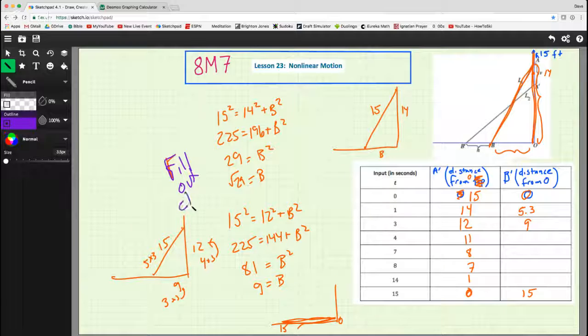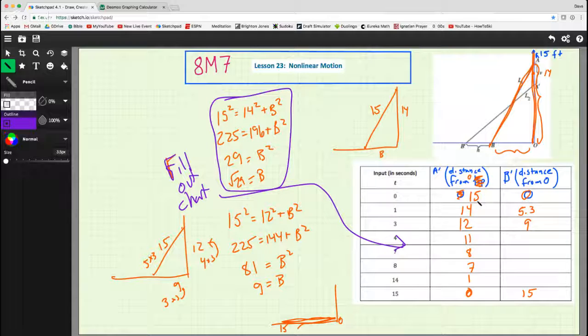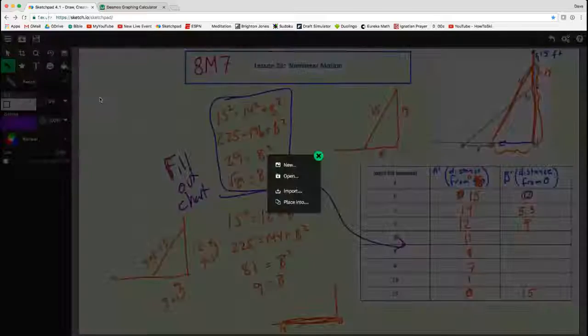Then we're going to graph it and figure out whether or not this ladder is moving at a constant rate, or if it speeds up, or if it slows down as the ladder falls.